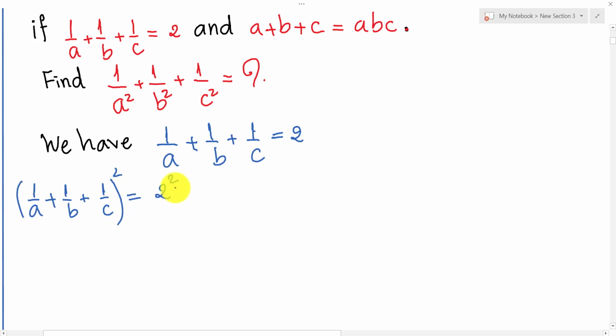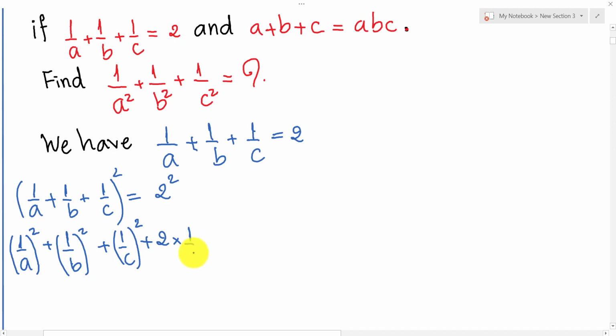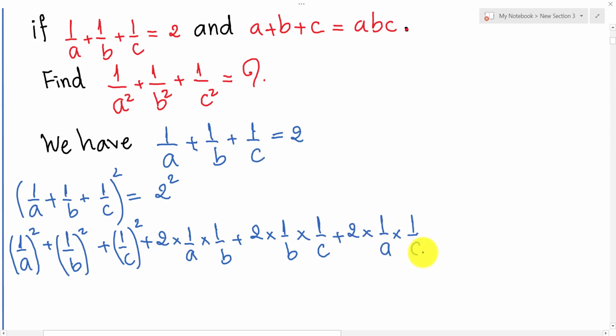equal 2 squared, and I get (1 over a) all squared plus (1 over b) all squared plus (1 over c) all squared plus 2 multiply 1 over a multiply 1 over b, and plus 2 multiply 1 over b multiply 1 over c, and plus 2 multiply 1 over a multiply 1 over c equal 4.